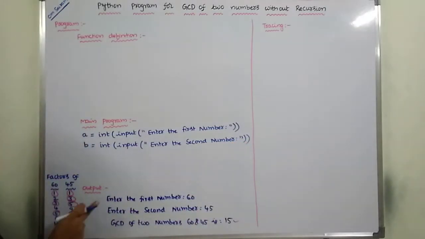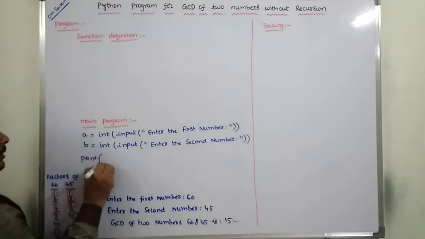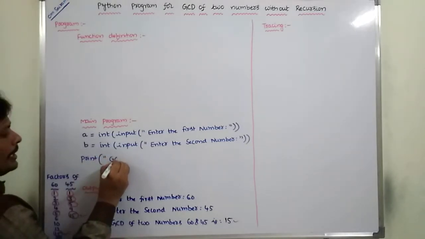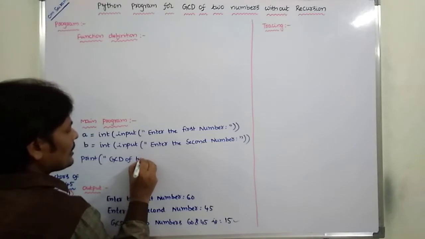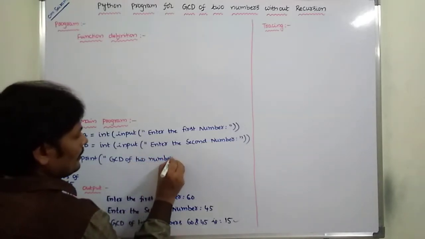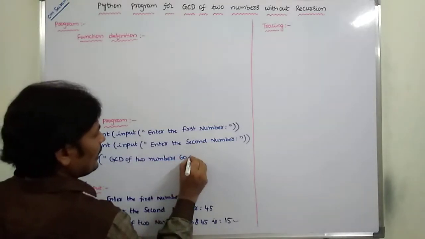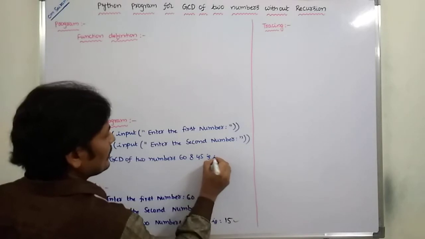Okay, so after entering the first number and second number, we go to this one. So print "GCD of two numbers 60 and 45 is", comma.